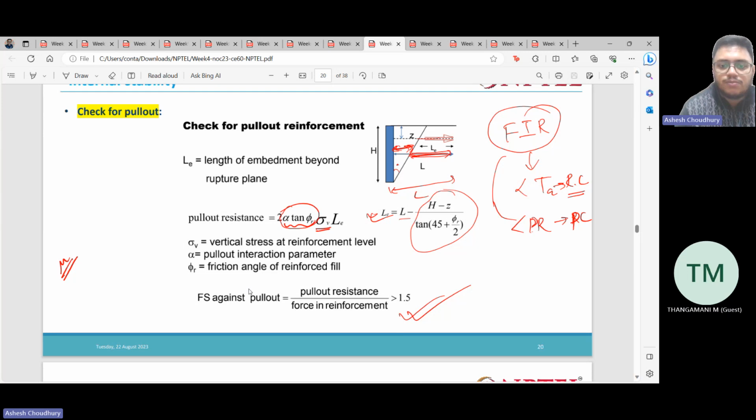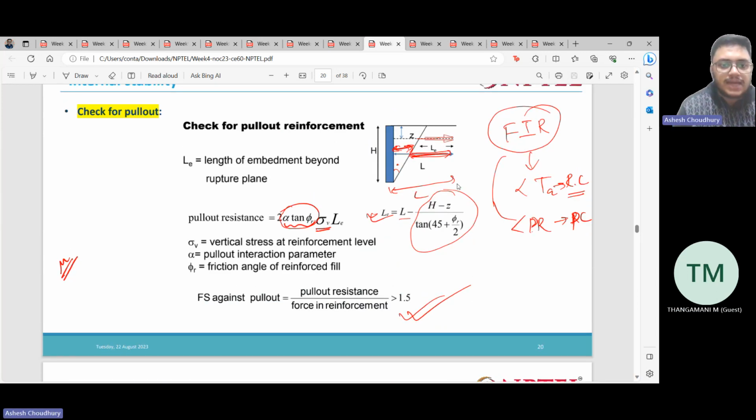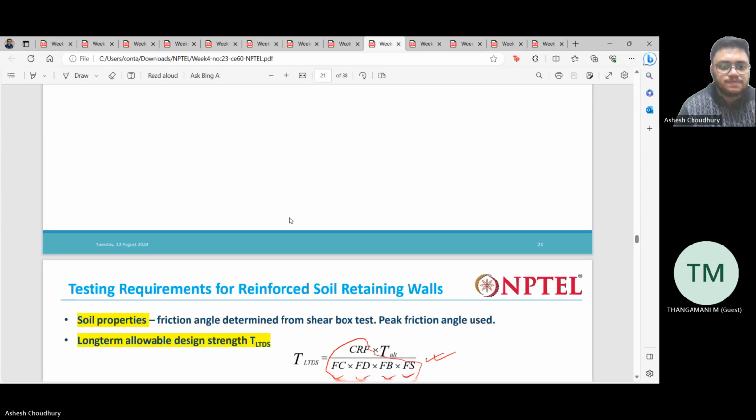The factor of safety in pull out should be greater than 1. We designed these things, and when we solved some problems, we discussed them in detail.